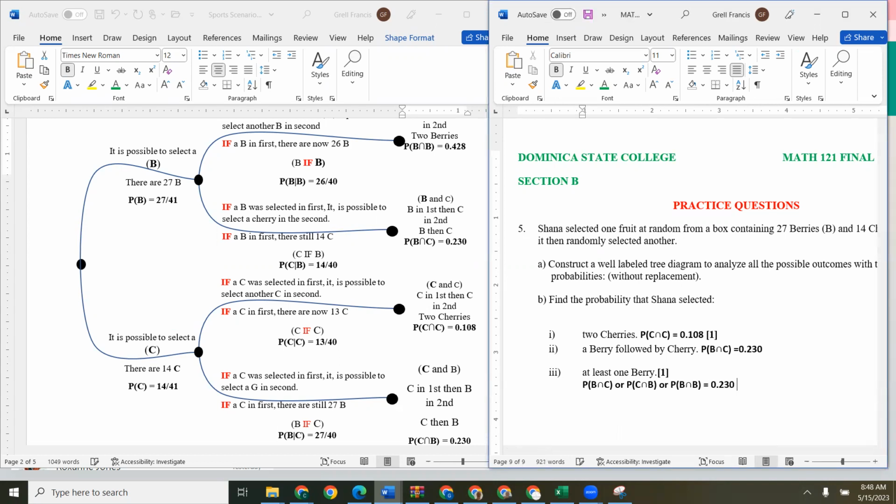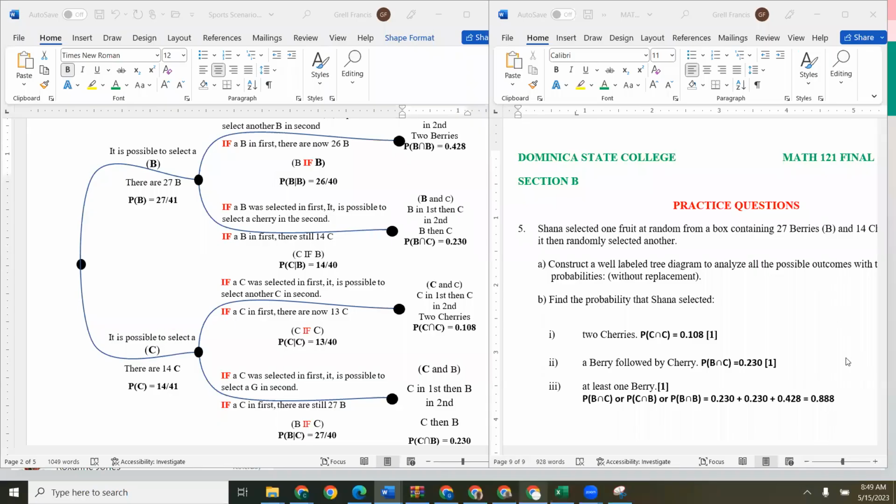Cherry in the first, then berry in the second is also 0.230. And two berries would be 0.428. And this would be equal to 0.888.